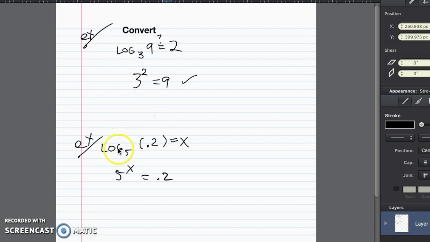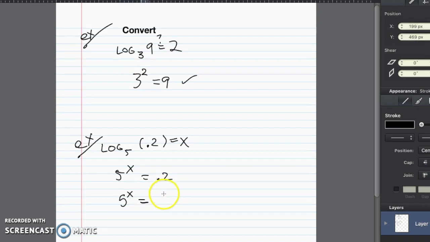Let's go ahead and take a look at our second example. So I have log base 5 of 0.2 is equal to x. What I'm going to do is convert that first, right? So I have 5 to the x power is equal to 0.2. Again, this is the same conversion that we did before. The 0.2 goes to the other side of the equals, and the 5, our base, gets raised to the power of x. Well, the left-hand side doesn't look like I can do anything with it, so I'm just going to rewrite it.